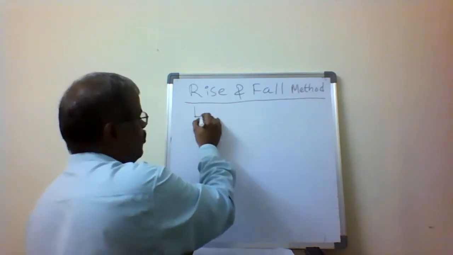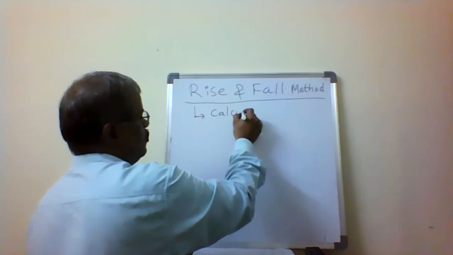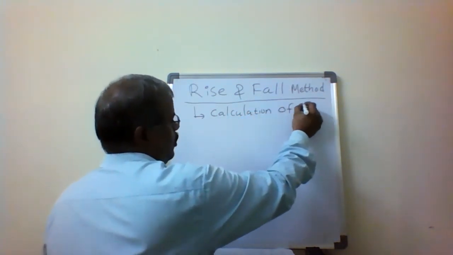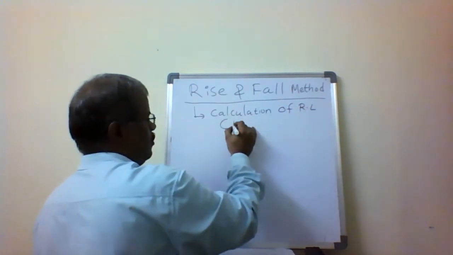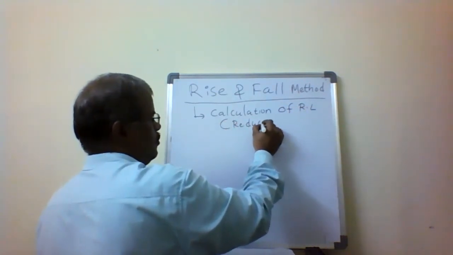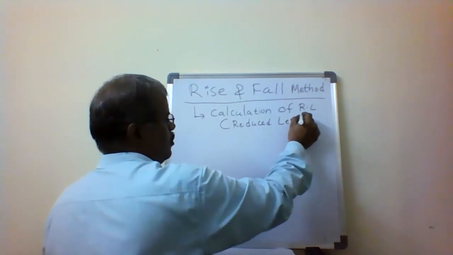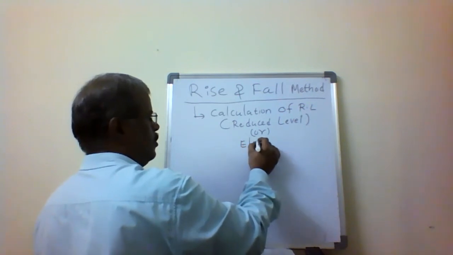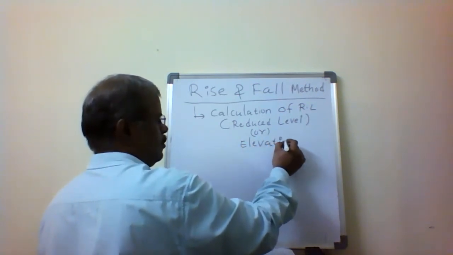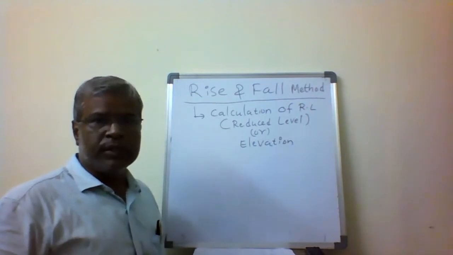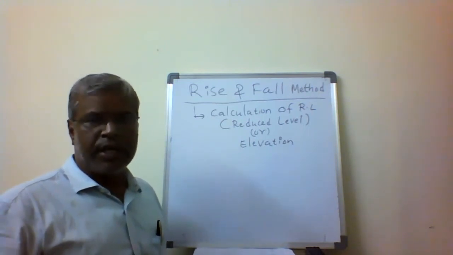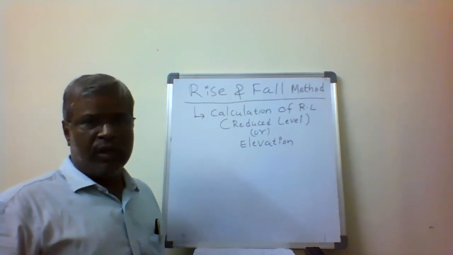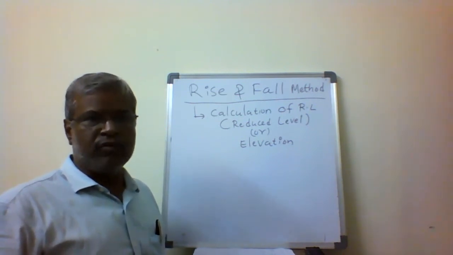So here we are doing the calculation of reduced level, or elevation of that point. We use either the height of the instrument method or the rise and fall method to know the reduced level. RL means reduced level, or the elevation of that point.